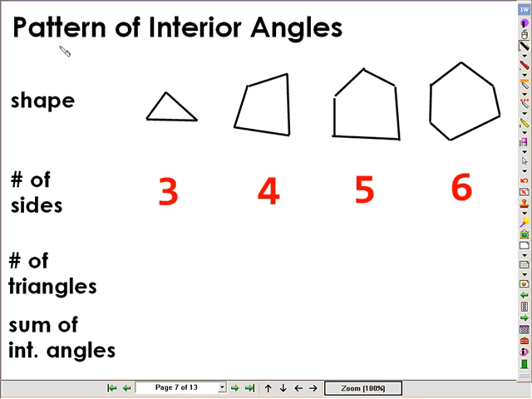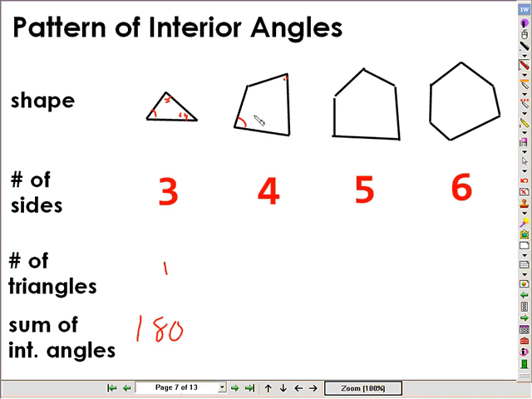The next idea is a pattern that exists with these interior angles of irregular or regular polygons. So let's take just a 3-sided polygon, a triangle. Obviously there are 3 sides, and we can clearly see that there is one triangle that exists. But what is the sum of this angle and this one and this one? Well, we know that rule. That's 180 degrees. No problem. But when we have a 4-sided shape, what's the sum of this angle plus this one plus this one plus this one?